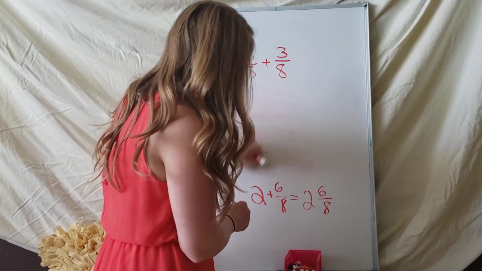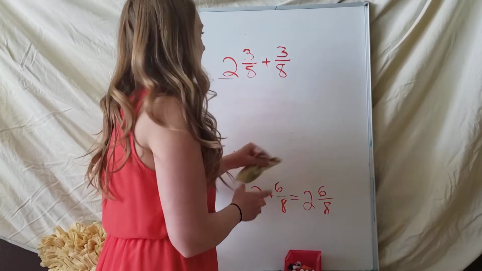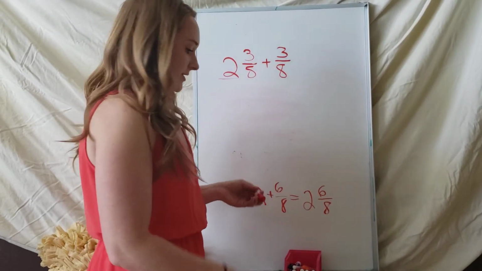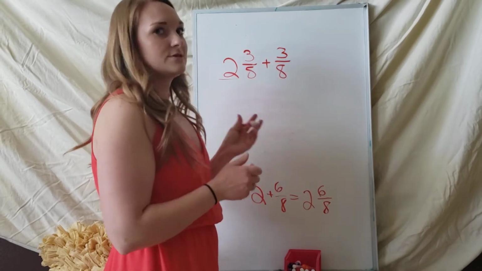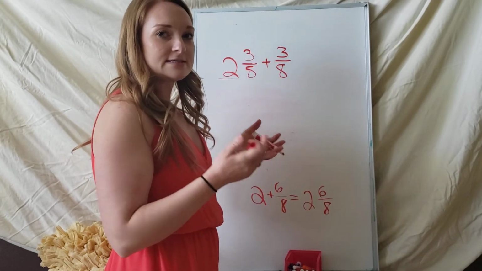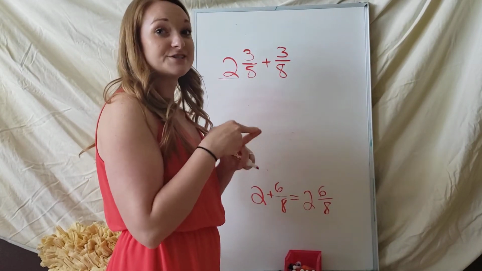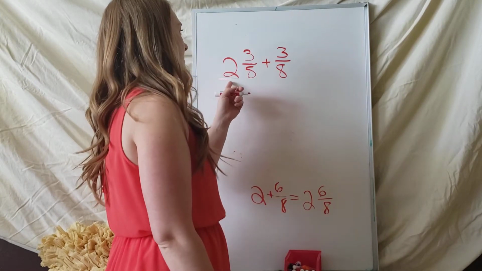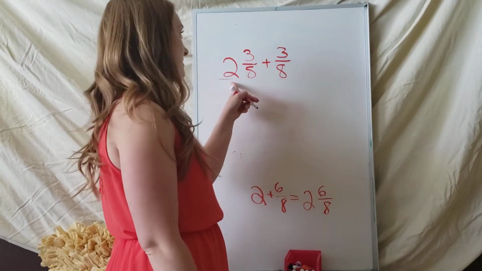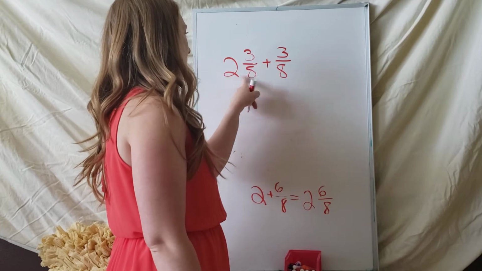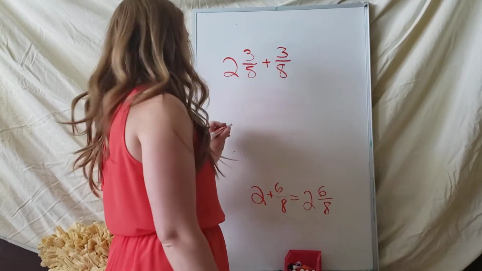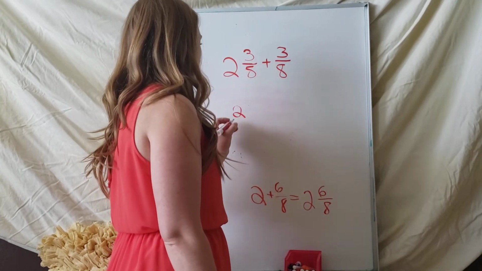So if I want to draw a number line for this, the first thing you want to look for when you're drawing a number line with mixed numbers is where's my biggest number, because when we're adding, that's where we're going to start our number line. So my biggest number is 2 3/8. So I want to start my number line no less than 2. So I'm going to put 2 at the beginning of my number line.